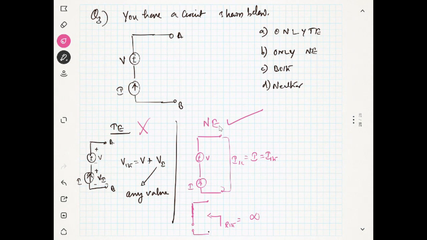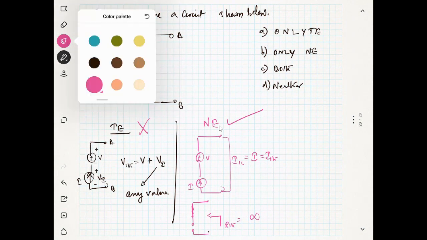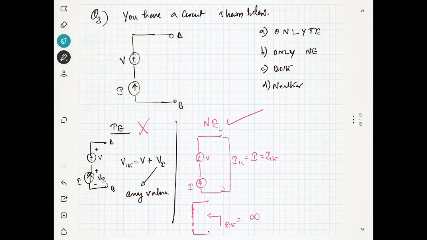When you compare this problem with the previous, there is an important observation. Here you see only Norton equivalent. This is your I Thevenin, which is equal to I, and R Thevenin is an open circuit, equal to infinity.